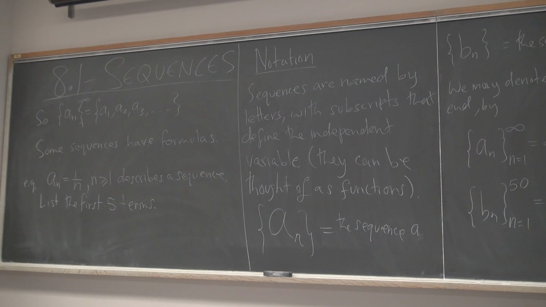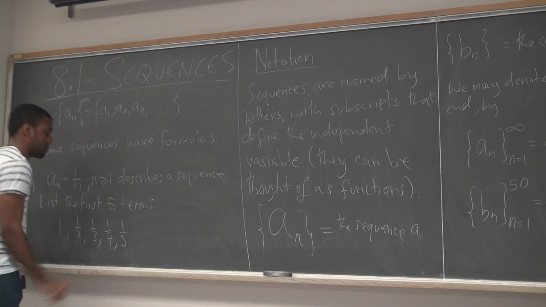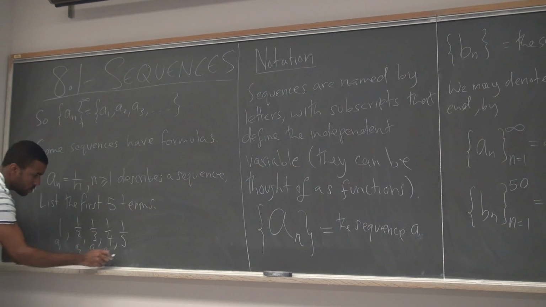What would the first 5 terms be? 1, 1/2, 1/3, 1/4, 1/5. That's basically it. This is your A1, your A2, your A3, your A4, your A5.